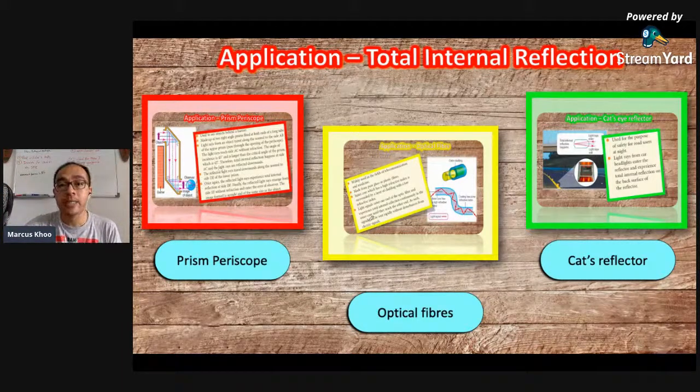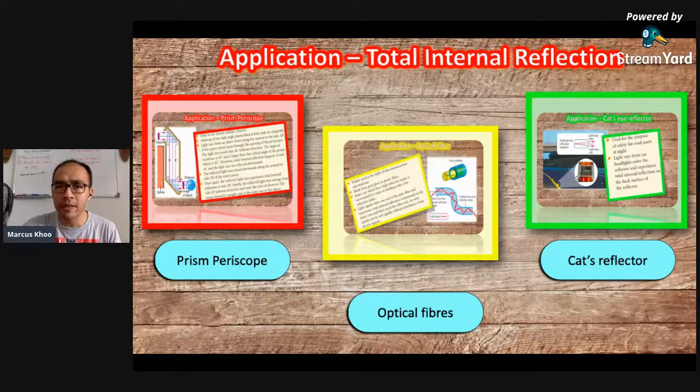This is one of the applications, as I said just now, optical fibers. So go and read up, and of course the group that is doing this Google site can start doing it. And then of course the cat's eye reflector, the reflector that we use in cars. So go and take a look.